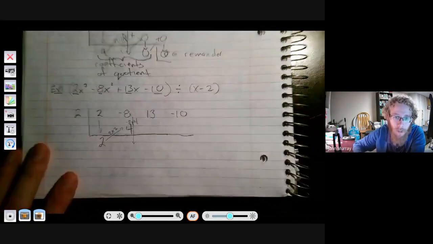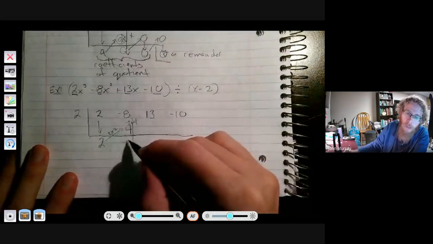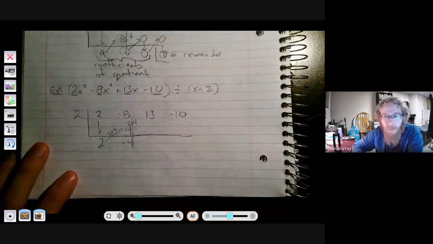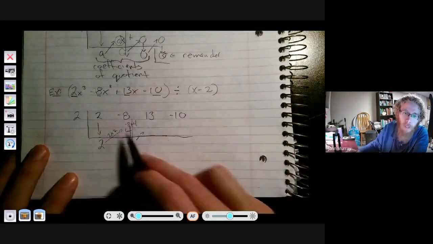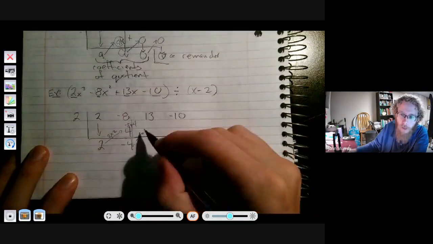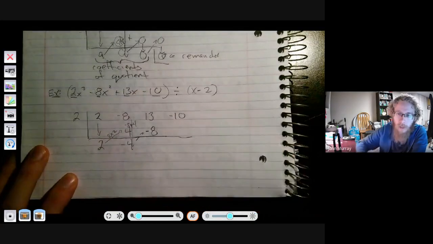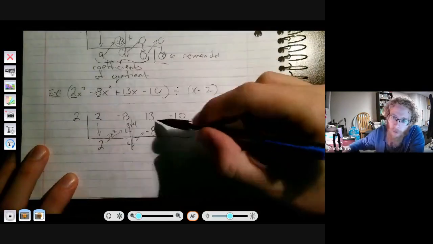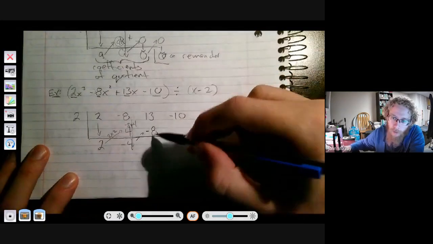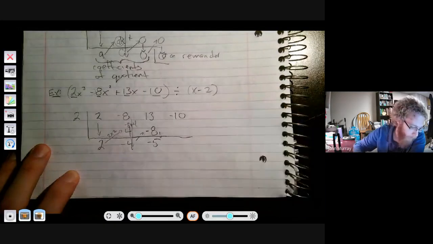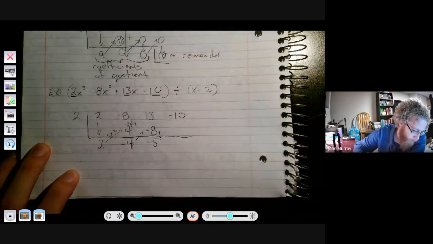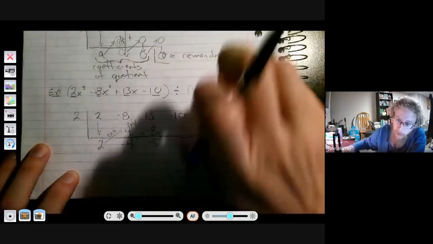I add them together, and that's going to get me negative 4. Again, we come up here by multiplying. 2 times negative 4 is negative 8. 13 plus negative 8 is negative 5. I'm sorry, positive 5.